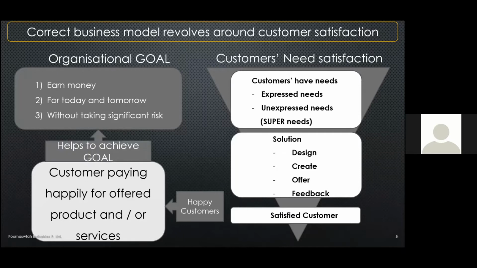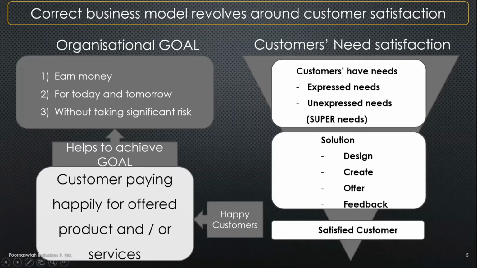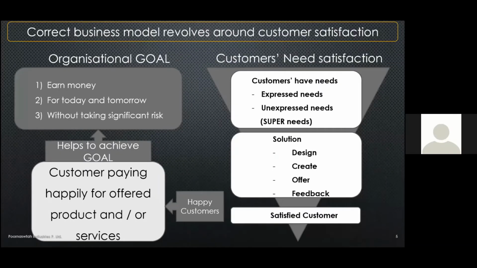This eventually helps you achieve your organizational goal of earning money for today and tomorrow without taking significant risks. That means, of course, harmony. So I hope this correct business model is understood, which eventually satisfies the organizational goal by satisfying the customer need. Let's move forward.